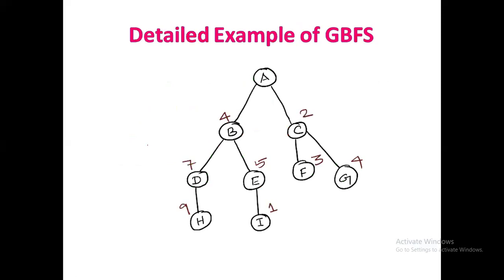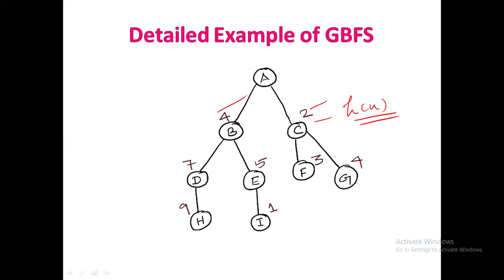This is the graph with the heuristic values. Here, these are all the values. We are calling them the heuristic values. The structure presented here has nodes and edges labeled. Each node has a heuristic value. We represent it as h of n, which is the estimated cost to reach the goal node from that node.